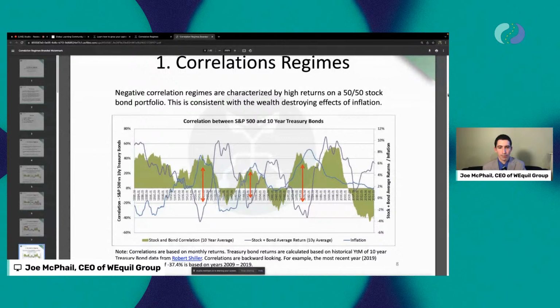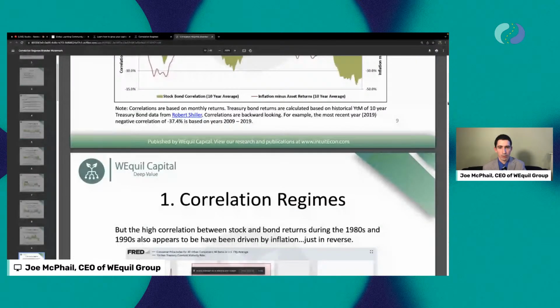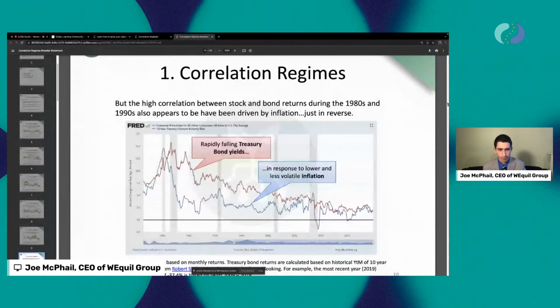Now I go into some back testing here. We were looking at Treasury bonds, and at this particular period. More recently, what's been happening since the 80s is that we've had falling inflation, but it's also become much more stable inflation.